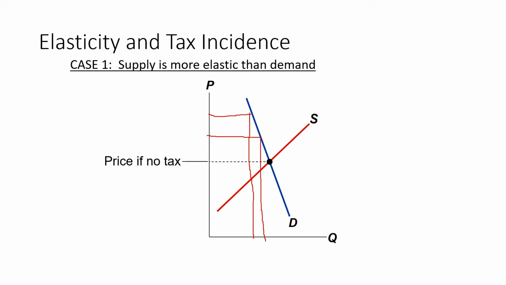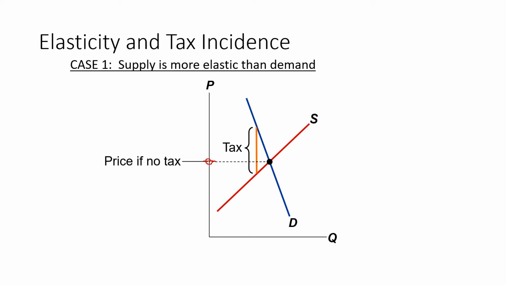The equilibrium price will be at this point, and that is the price if there is no tax. But what if we impose a tax in this economy? If we impose a tax, this will be our tax incidence. Let me remove the lines. This is our tax incidence.